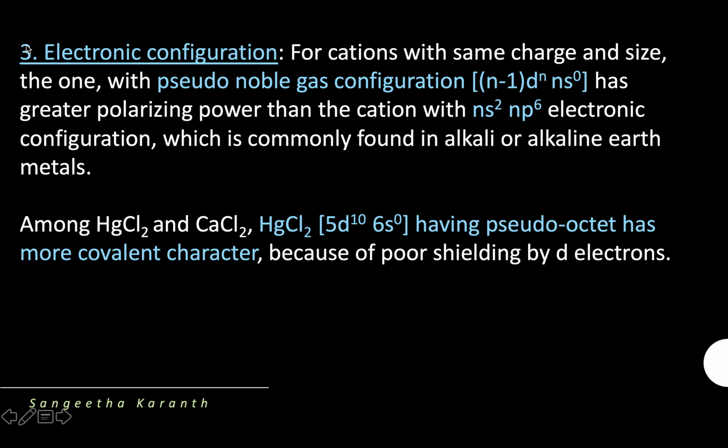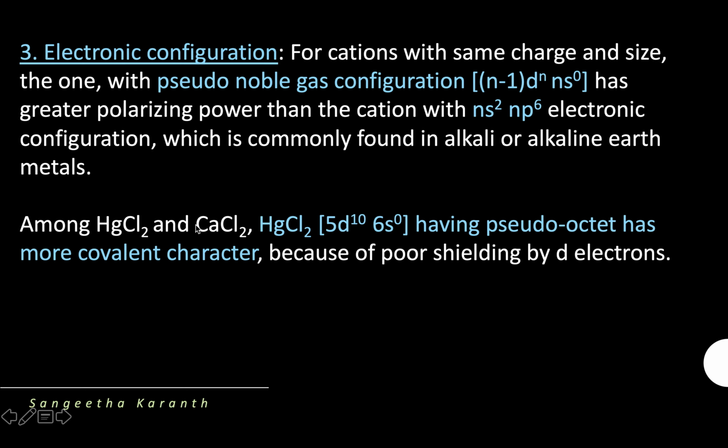So the third condition is electronic configuration. Suppose you compare two compounds, let us take the example of mercury chloride and calcium chloride, HgCl2 and CaCl2. The outermost configuration of Hg is 5d10 6s0. Although the d orbitals are completely filled, we call it a pseudo octet because it is not in the form of ns2np6 configuration.